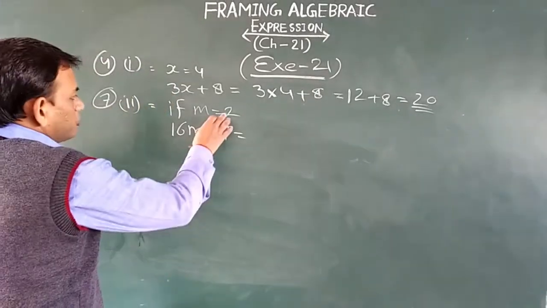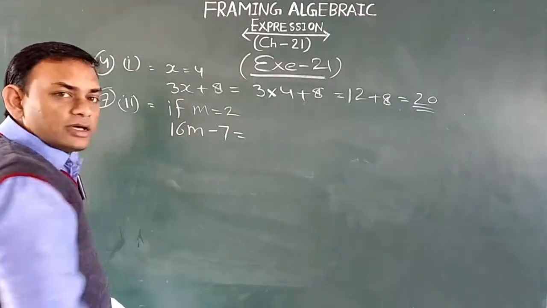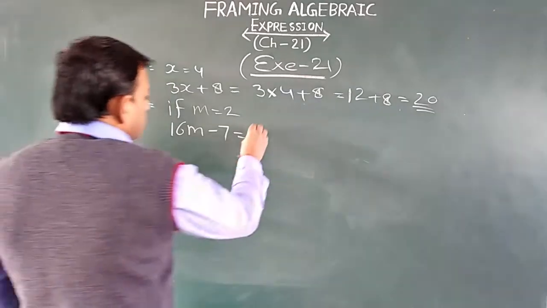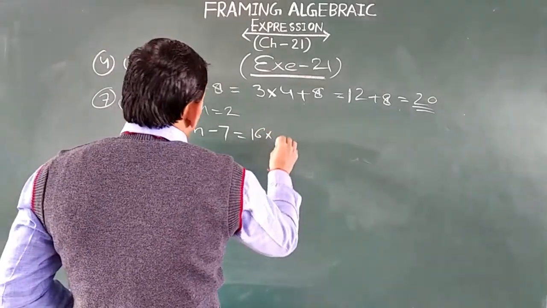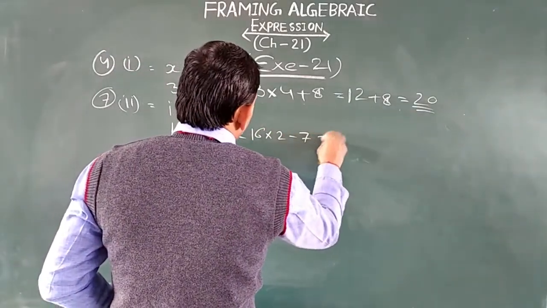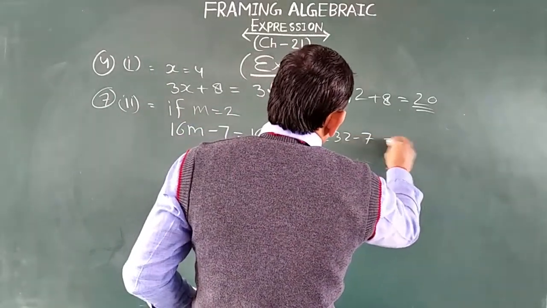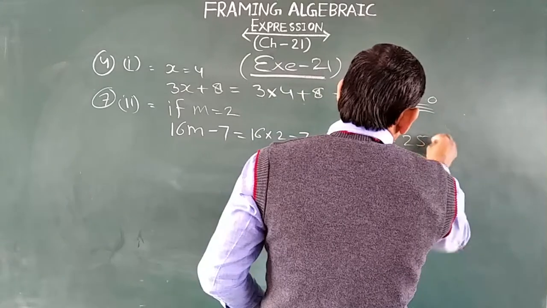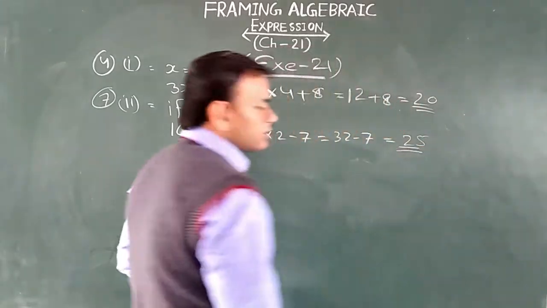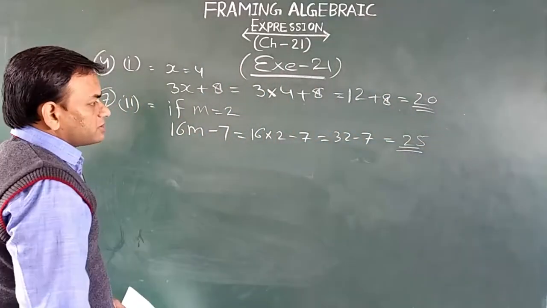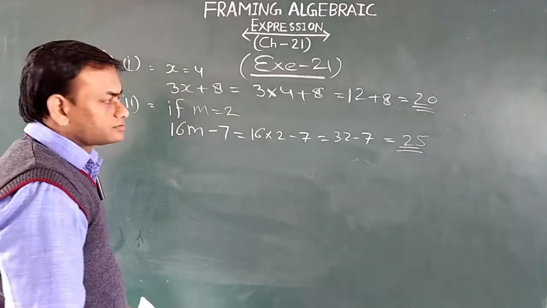So what you will do, you will just put the value of m here in the algebraic expression. So it will be 16 multiplied by 2 minus 7, and 16 twos are 32, minus 7, and it will be the 25. So 25 is the answer of this algebraic expression. Got it?